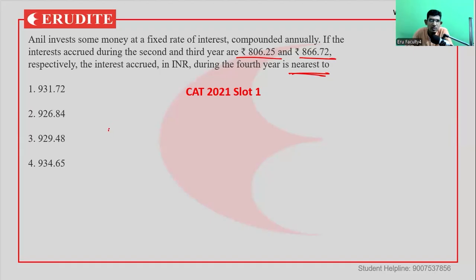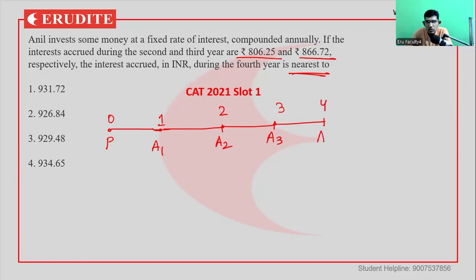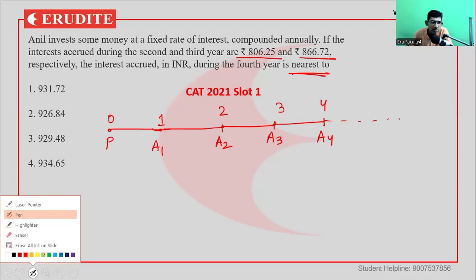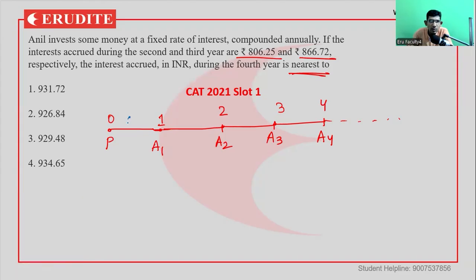Now, what is that logic? If I draw the number line, initially it is P. After 1 year, this is amount A1. After 2 years, it is A2. After 3 years, it is A3. After 4 years, it would be A4 and so on. Now this is the compound interest for the first year.